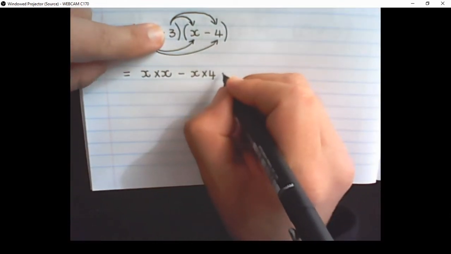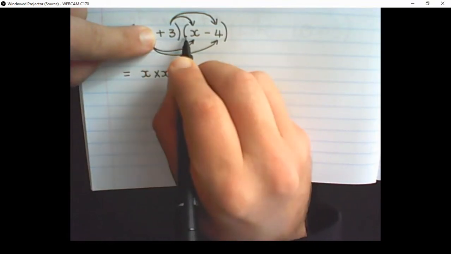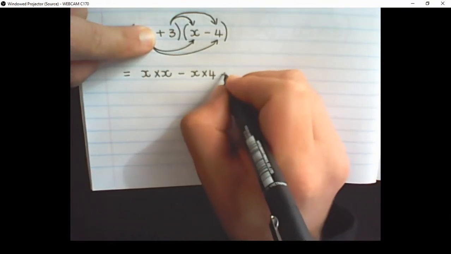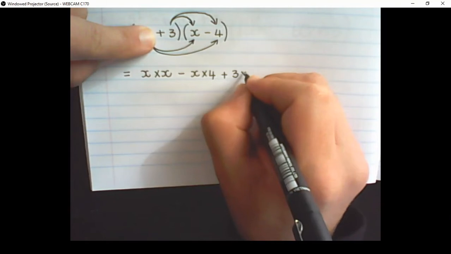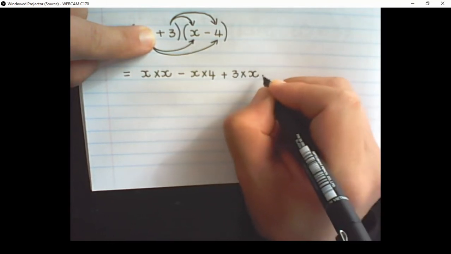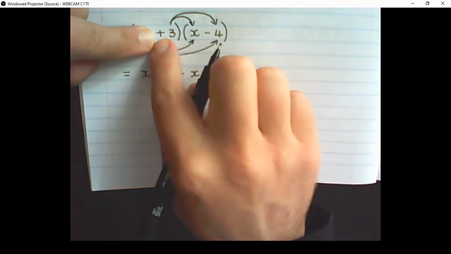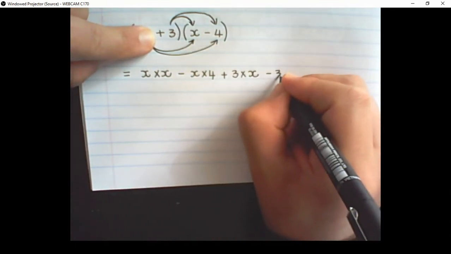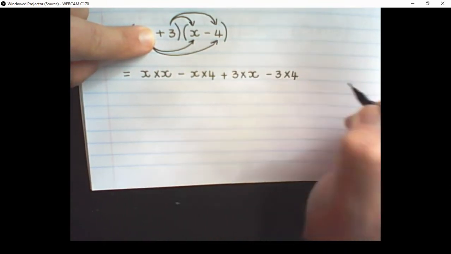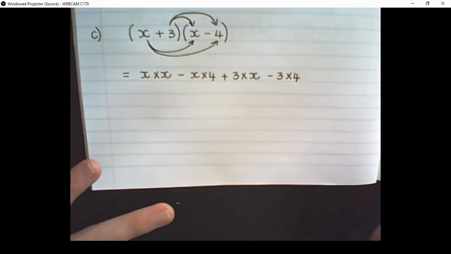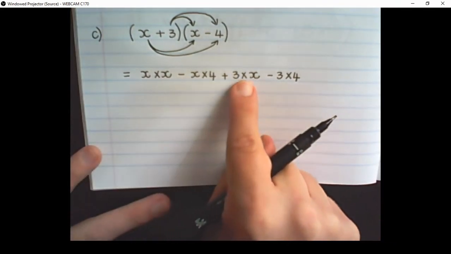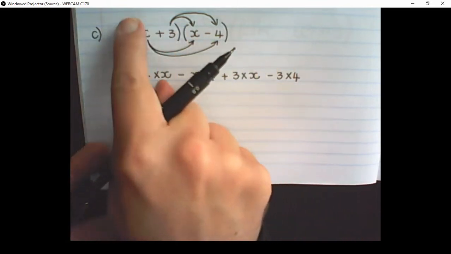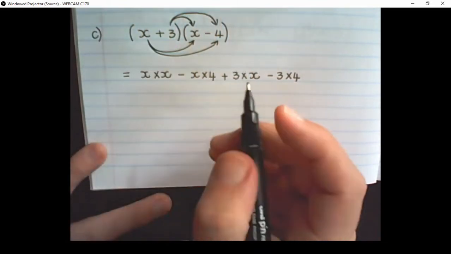So if I want to write it out, it's a positive number multiplied with a positive number, so it's plus 3 times x, and then a positive multiplied with a negative, so it's negative 3 times 4. What we normally don't write it out like this, we immediately simplify it when we multiply.